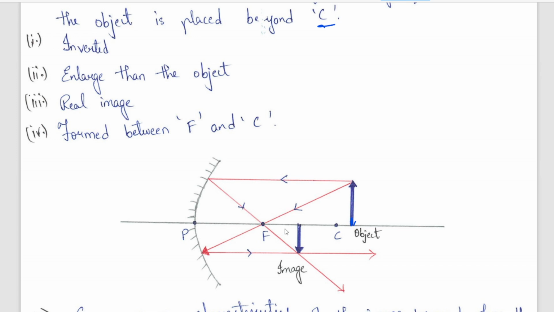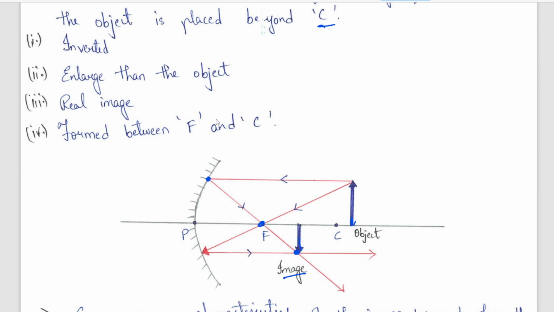A light ray falls from the object onto the mirror and is reflected back through the focal point, as we discussed in the ray diagrams, and the other ray is reflected parallel to the principal axis. At the point where this reflected ray and the focal point ray meet, at that intersection point, the image is formed.